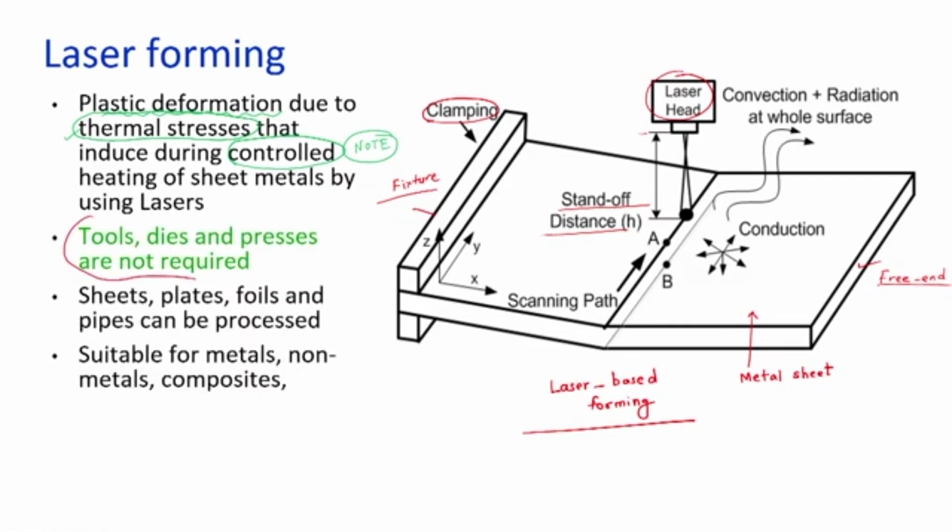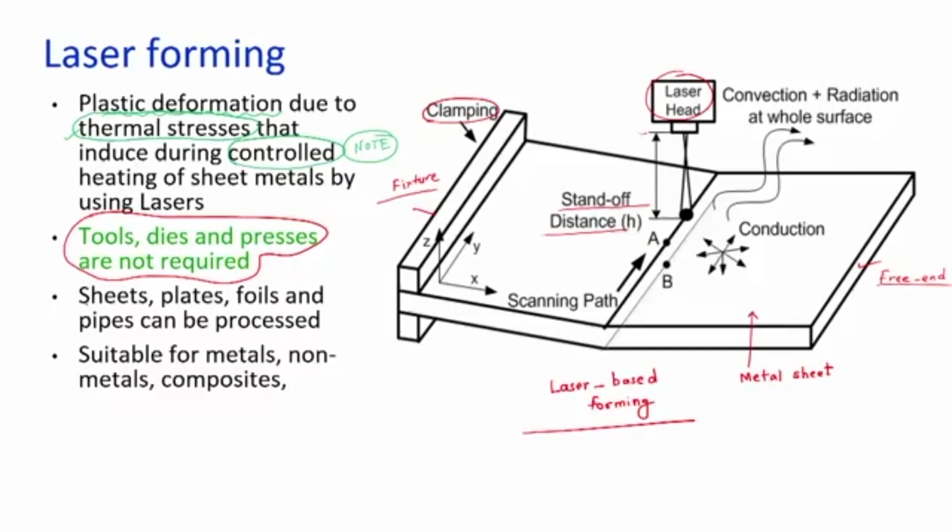The prominent advantage of laser based forming is that no tools, dies or presses are required. We are completely removing the mechanical tooling; only the clamps or fixtures for the workpieces are required, which are very simple and readily available. So, there is no need to design special clamps or fixtures for this laser based processing.